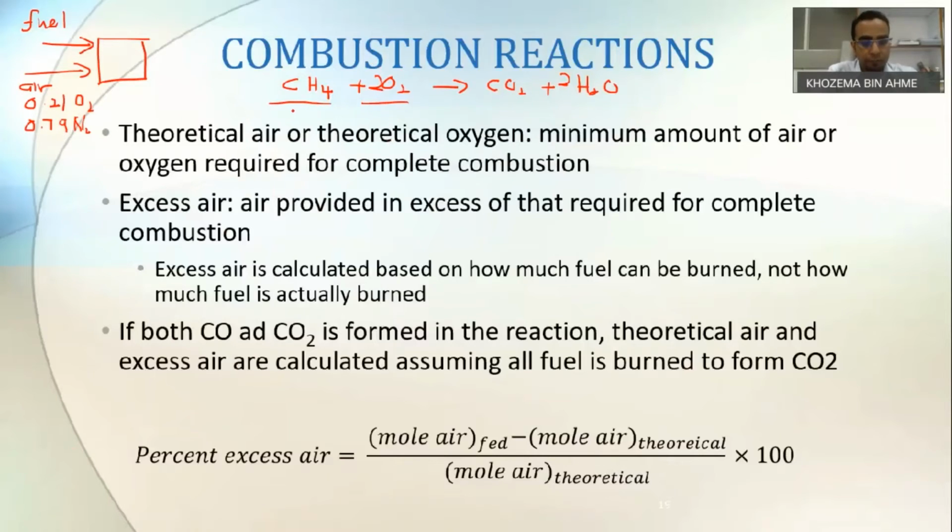Most of the time, because this is our valuable fuel and this is a cheap reactant, we will always put more air than needed. If I have more air than I need, I will have more oxygen than I need. Then I will make sure that this is my limiting reactant, and this will always be my excess reactant.